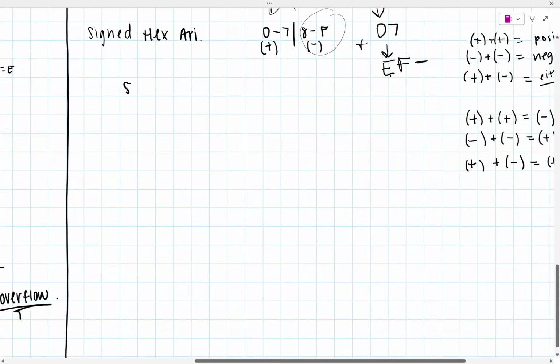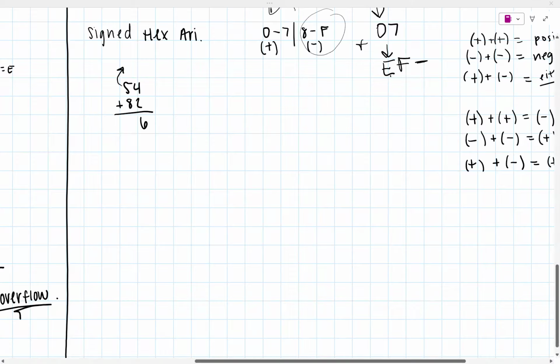Our first example is going to be 54, and remember, this is hexadecimal. 54 plus 82. So we'll add this like normal. 4 plus 2, that's going to be 6. There's no need for me to carry any other numbers over since that falls into the range. Right, and then 5 and 8. Well, let's take a look at these signs.